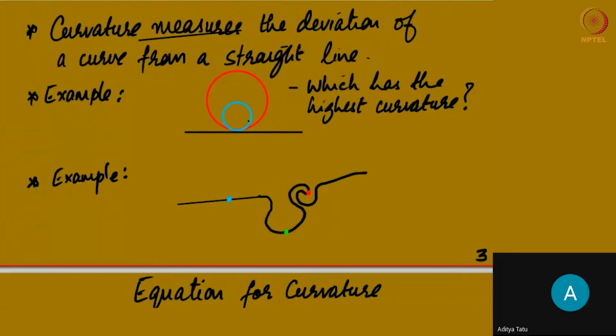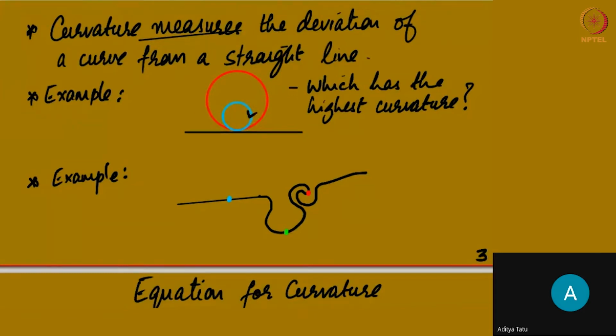The question is, which of these 3 has the highest curvature? Which is the most curved curve amongst these 3? The blue circle. The blue one, right?